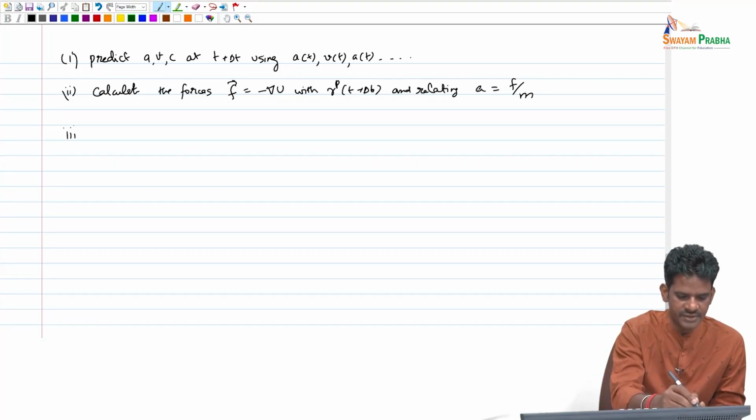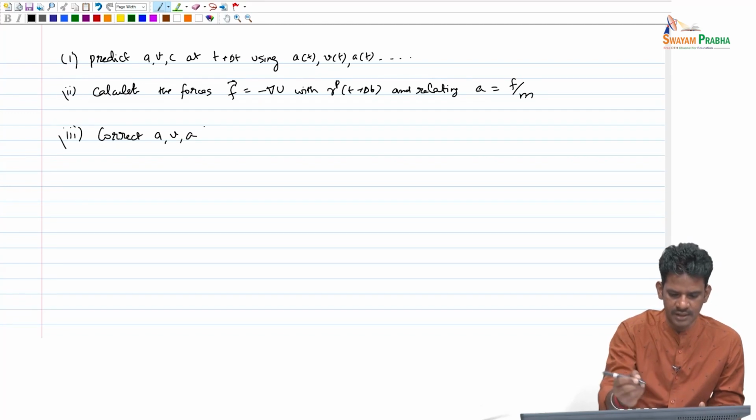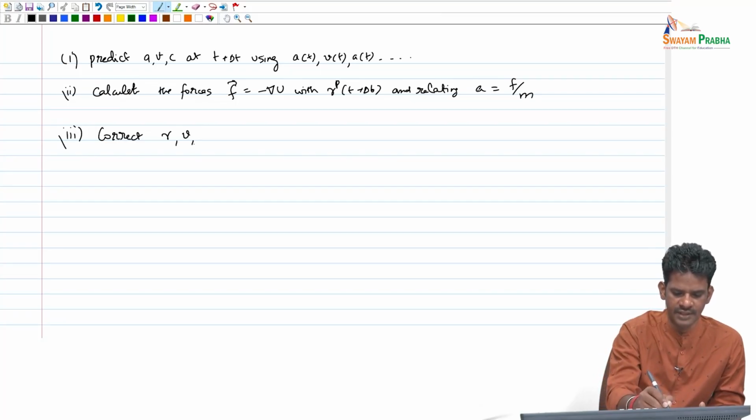And then the third step is to correct R, V and A at t plus delta t.